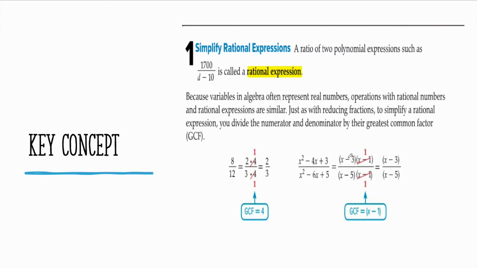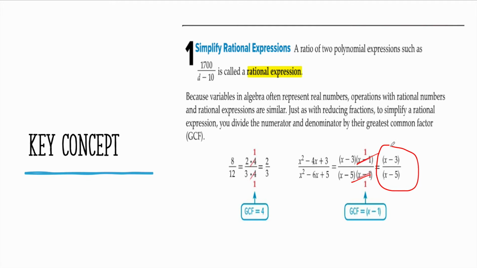So we can see that the top has a factor of x minus 1, and the bottom also has a factor of x minus 1. So we can simply cancel those and be left with this as our final answer. Okay, so this is me introducing the key concept.